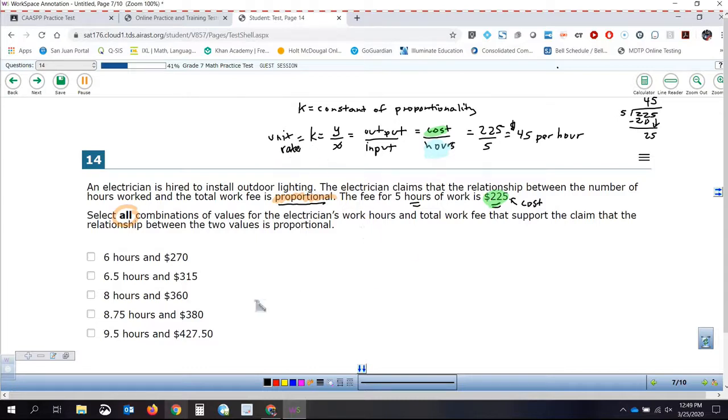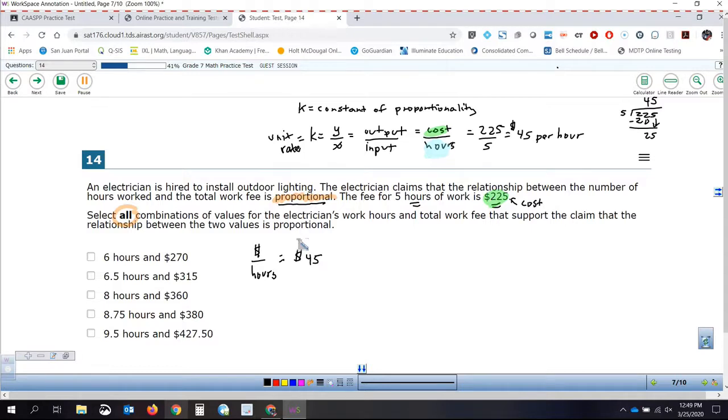So if any of these are going to be correct, then the dollars divided by the hours must equal what we figured it out to be, which is 45. That's what we're looking for. The cost divided by the hours is going to be 45.